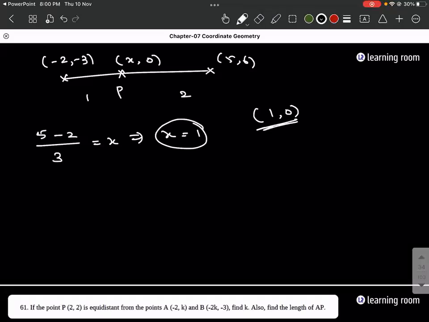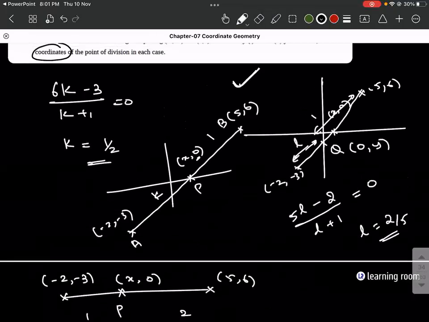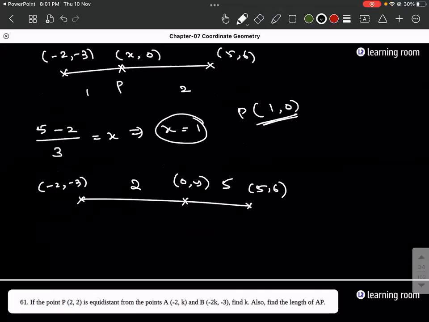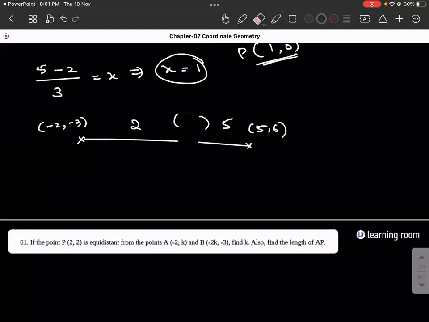So (1, 0) is a point on the x-axis. Similarly, if I take (-2, -3) and (5, 6), and the point to be (0, y) here, then L is to 1, so 2 is to 5. So this is 2, this is 5. Okay.